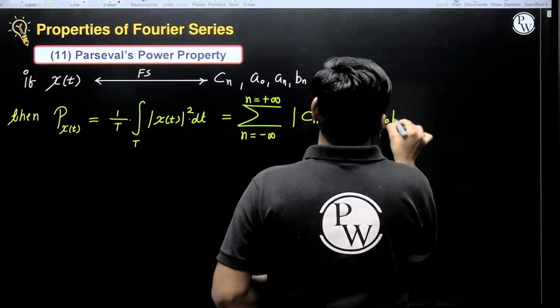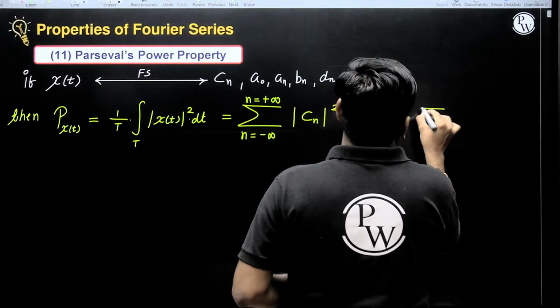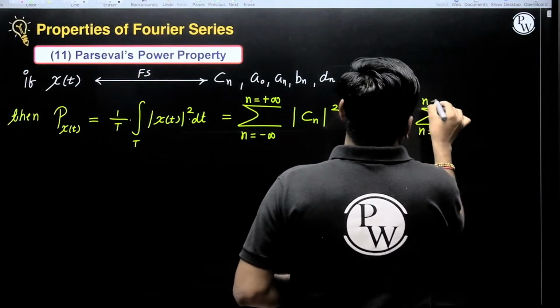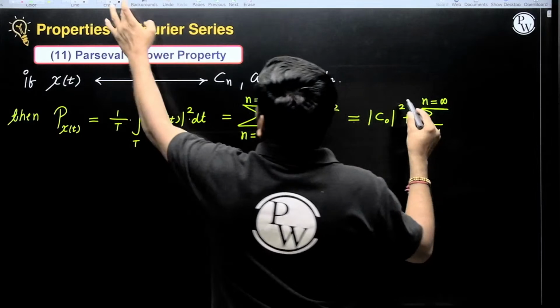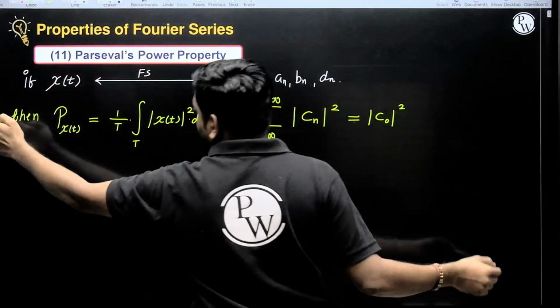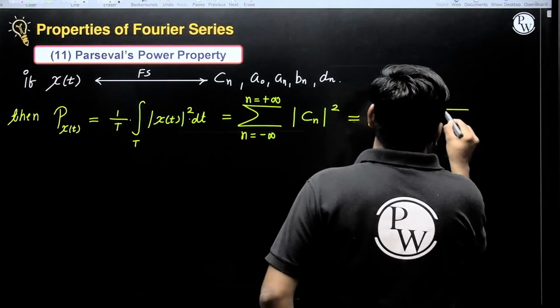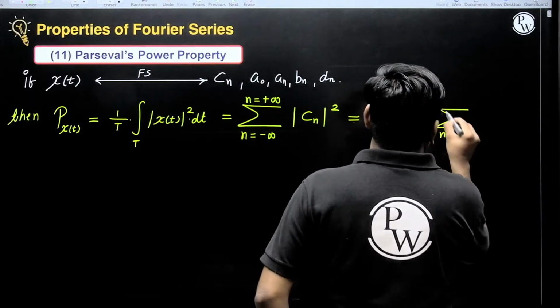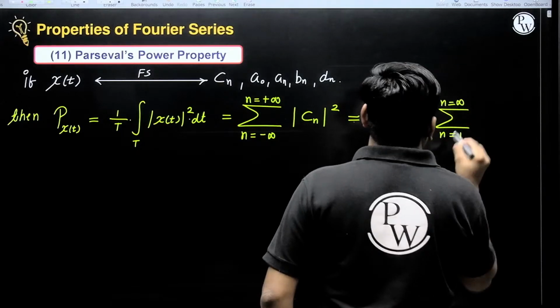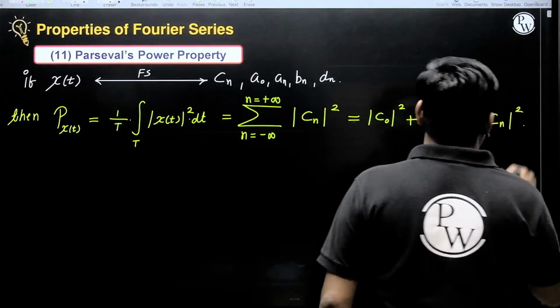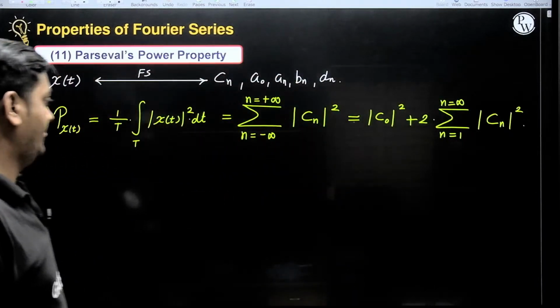Calculate the total. Already we have seen this: mod C0 square plus 2 times summation n from 1 to infinity mod Cn square, correct?